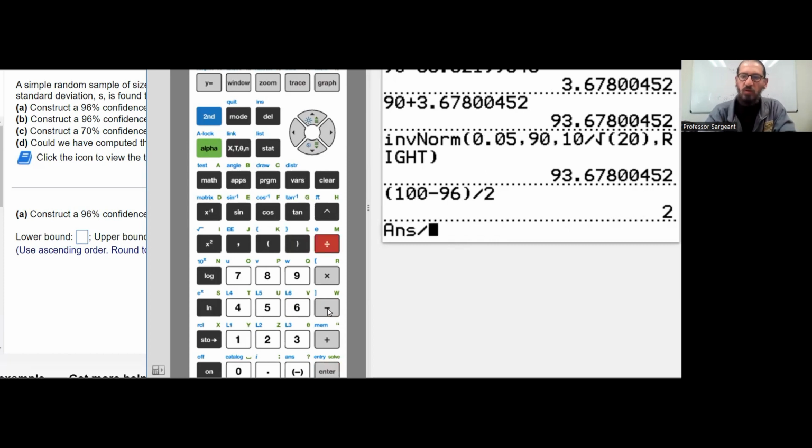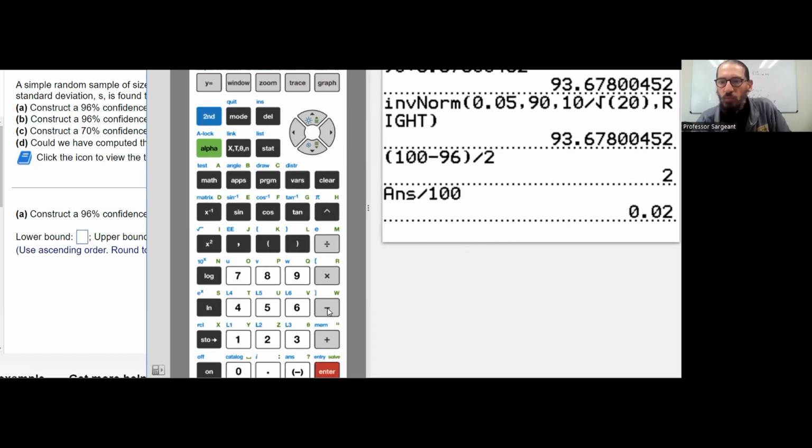So 100% is equal to 1. That's not changing what I have, but I had 2%. Now I'm expressing that as a pure decimal, 0.02.